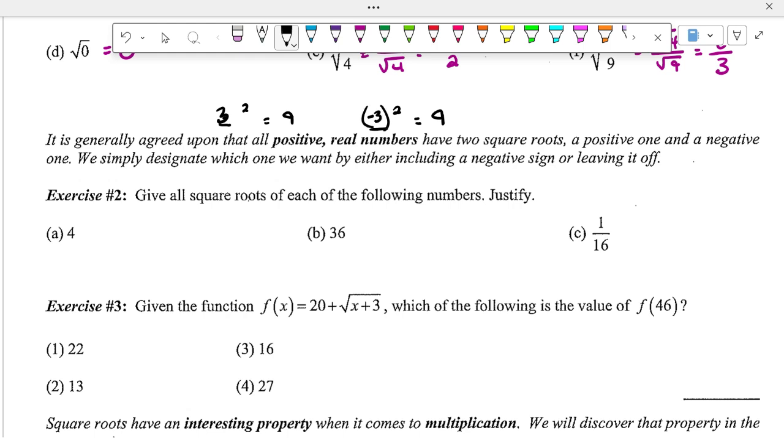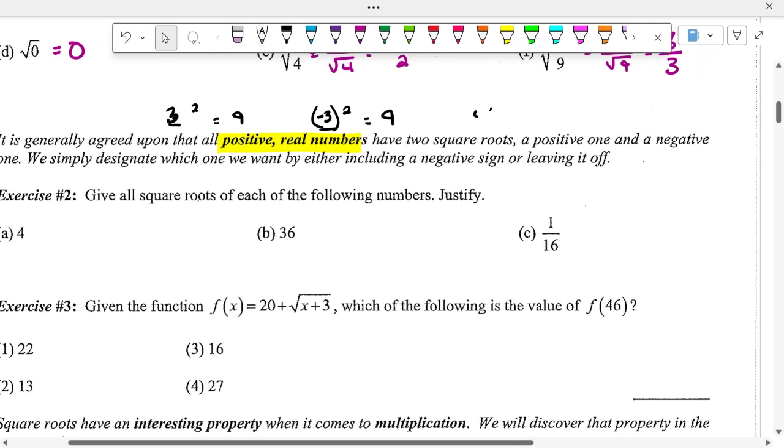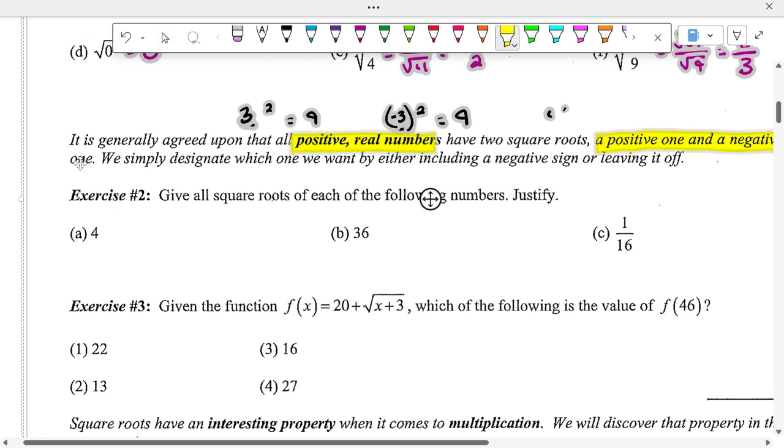So remember, both the positive and negative version of a number gives you the positive square. There's no such thing as getting a negative square. So that is what it's stating here. Positive real numbers is kind of the consensus of what we've done. But technically, there's always going to be a positive square root and a negative one.